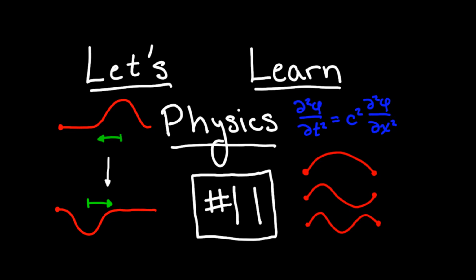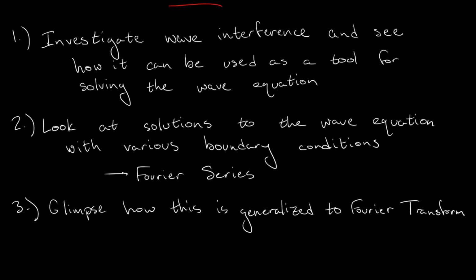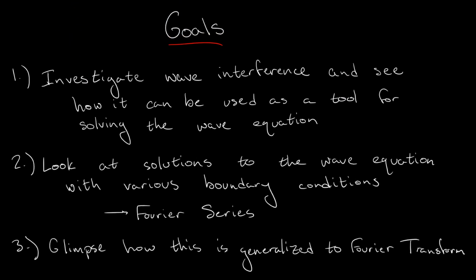So, what are we gonna do today? The goal for today is we're gonna look more at the wave equation. We talked about it a bit last time, derived the wave equation from just an infinite series of harmonic oscillators, and so today I wanna dive a bit more into the meat of the wave equation.